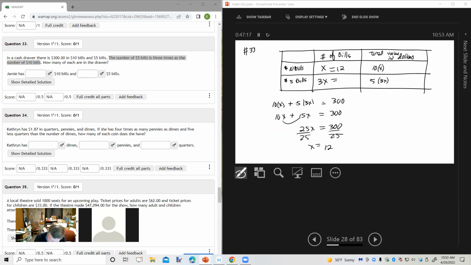So there's 12 of those. 3 times 12, 36 of those. Let's check our work. 12 $10 bills would be $120, and 36 $5 bills would be $180, and that adds up to $300. So it checks. So $10 bills would be 12 and $5 bills would be 36.